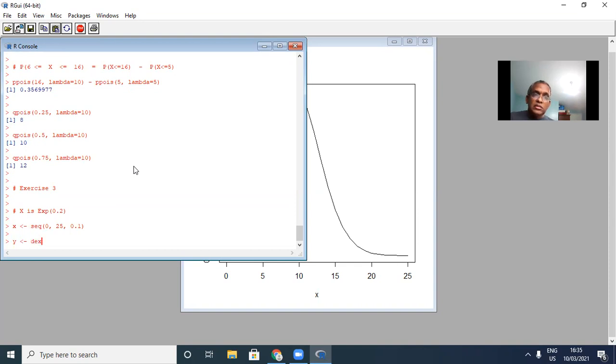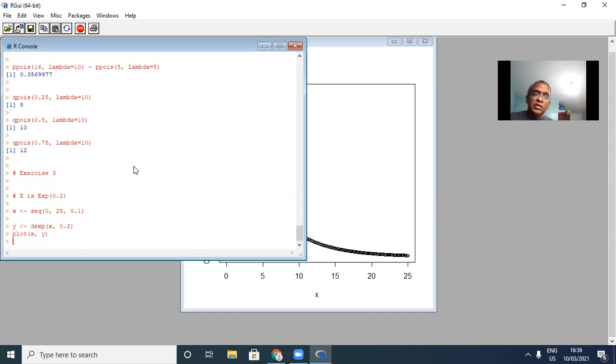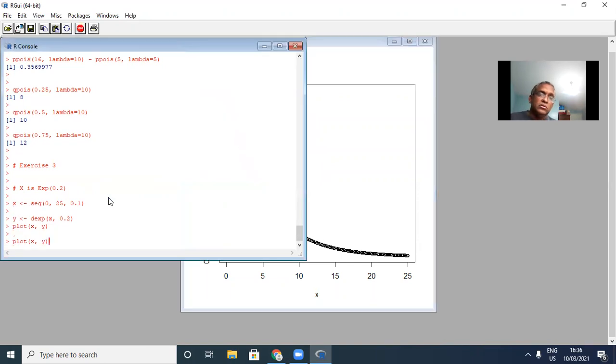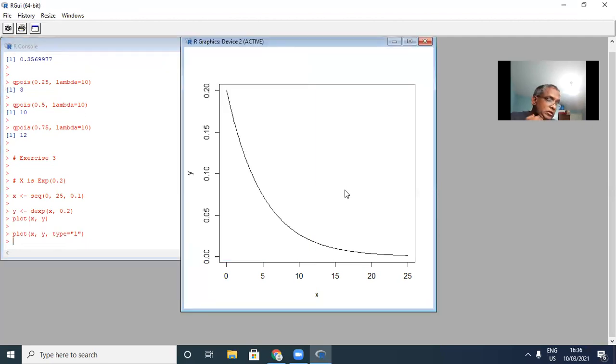And Y is the density of the exponential at X with parameter 0.2. And then you say plot X comma Y. This is what you get. This is the density of an exponential distribution with parameter 0.2. If you like, you can use type equal to L. This is what you get.